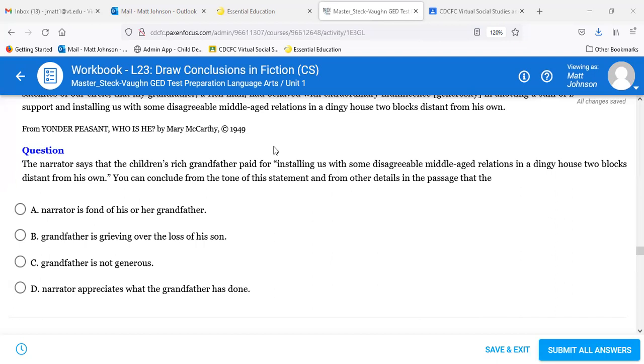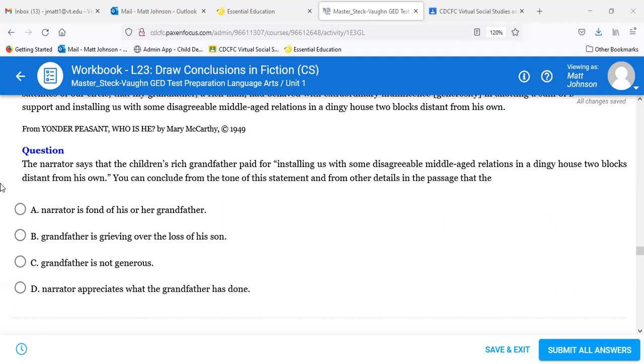You can conclude from the tone of this statement and from other details in the passage that the grandfather is: A, the narrator is fond of his or her grandfather. B, grandfather is grieving over the loss of his son. C, grandfather is not generous. D, narrator appreciates what the grandfather has done.